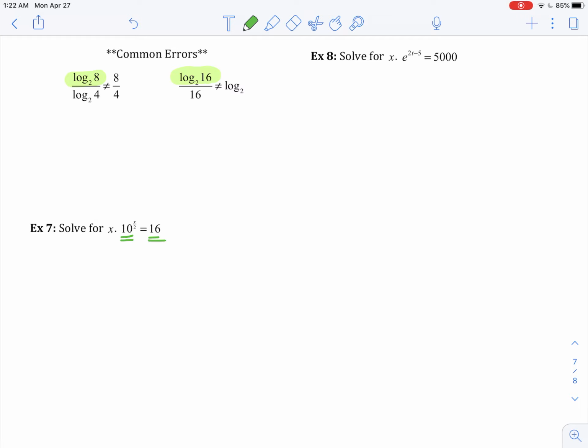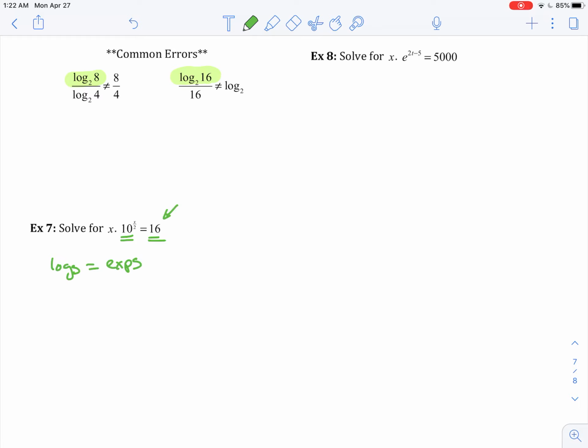Anytime you cannot get your bases to be the same, you can take what is written in exponential form and switch it to logarithmic form. Now recall that logs are ways of expressing exponents. So for 10 raised to the x over 2 equal to 16, the exponent is x over 2.